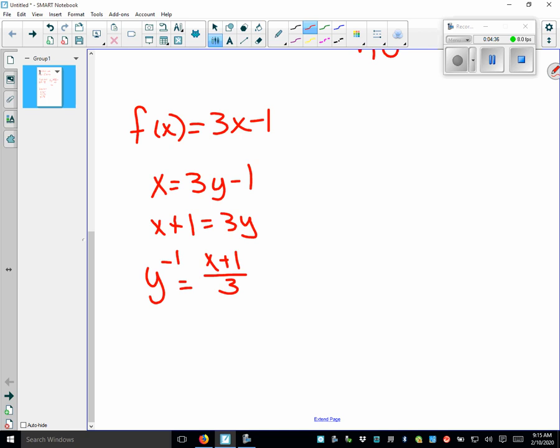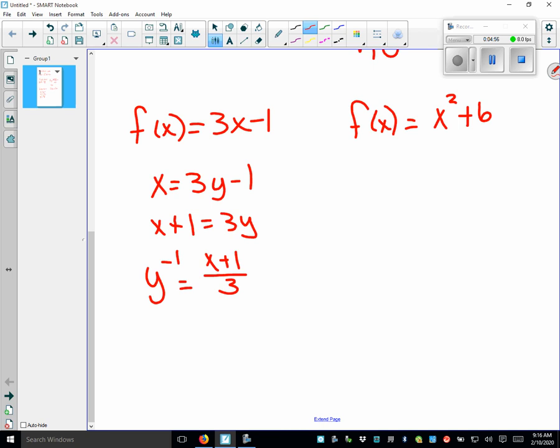What if I tell you f of x is x squared plus 6? Find the inverse. What do I do? Switch x and y places.